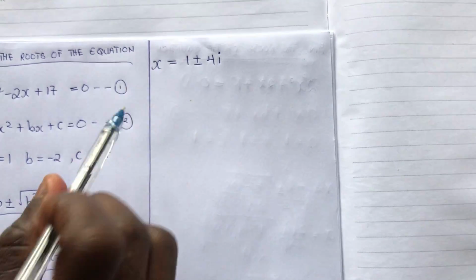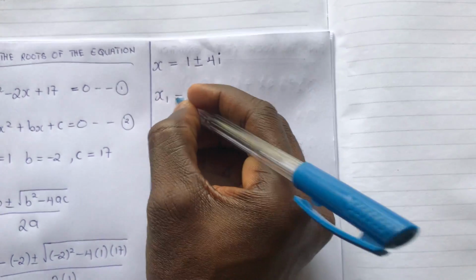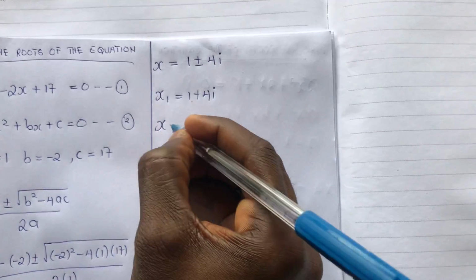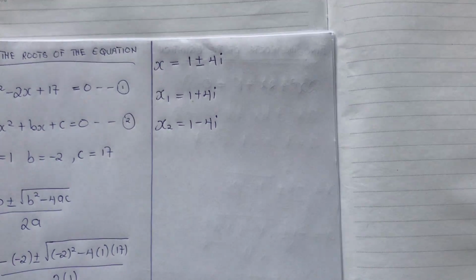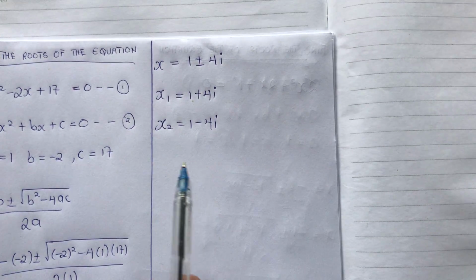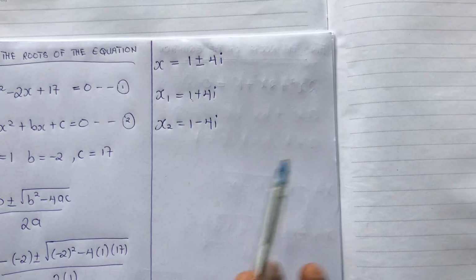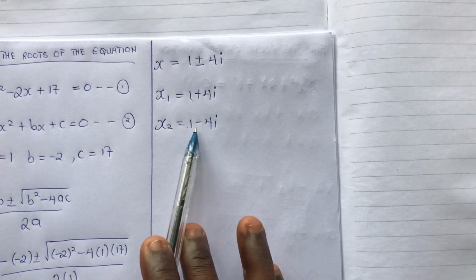So we have x equals 1 plus or minus 4i. So we have x1 giving us 1 plus 4i, and x2 giving us 1 minus 4i. These are the complex roots that we generated. One is real, one is imaginary, and one is positive, one is negative.